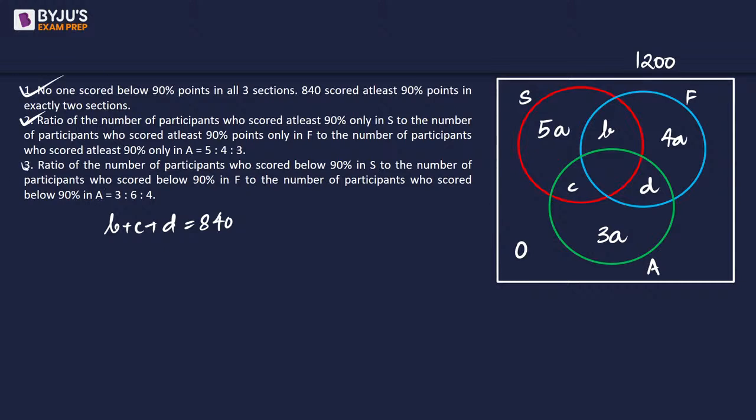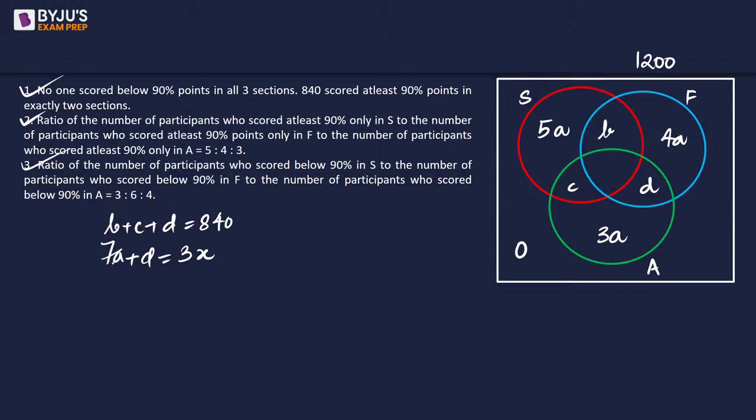Okay. Ratio of the number of participants who scored below 90% in S. So if these are the students who scored at least 90% in S, so 90% से कम वाले लोग इधर बाहर हैं. So that would mean that 7A plus D is equal to 3X, right? Then we have F ka.